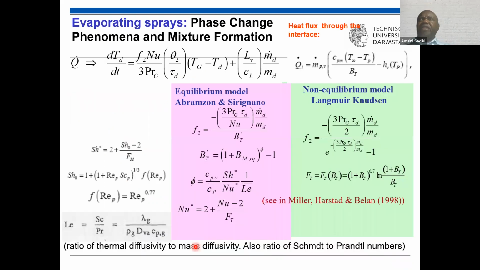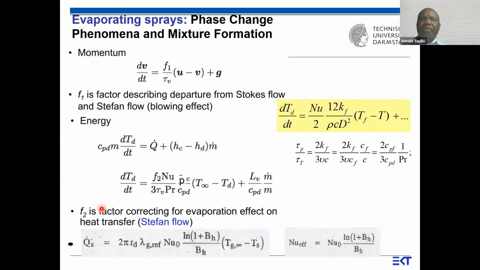With this, let's put everything together. We have this equation and this expression we have obtained now. And this is our equilibrium model by Sirignano. The F2 is provided by this expression.